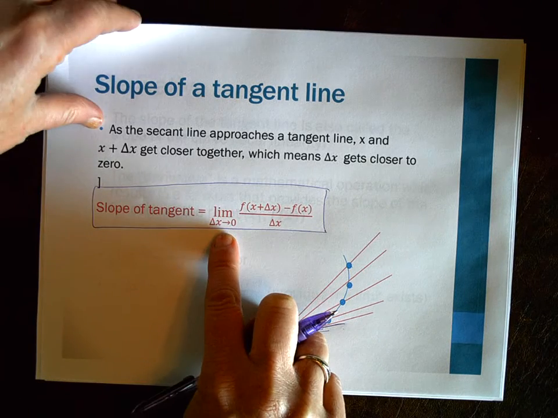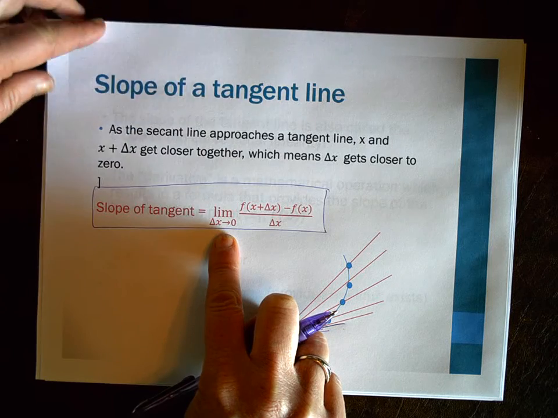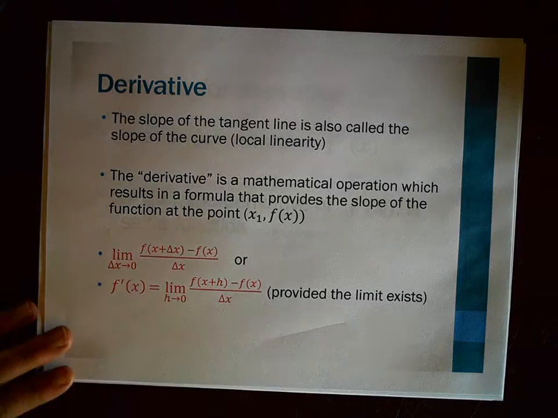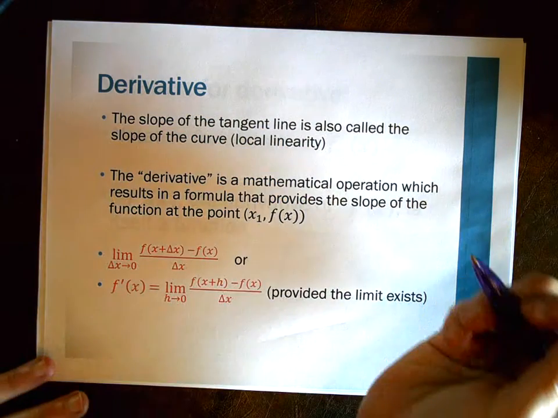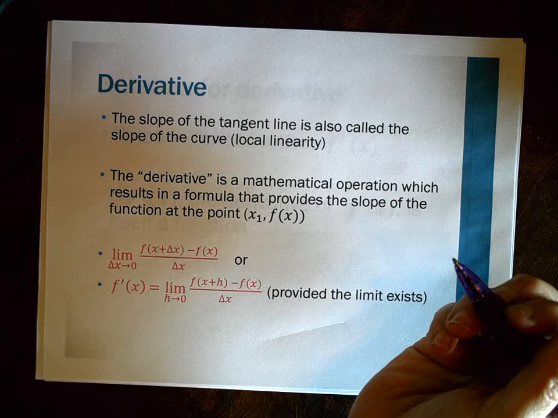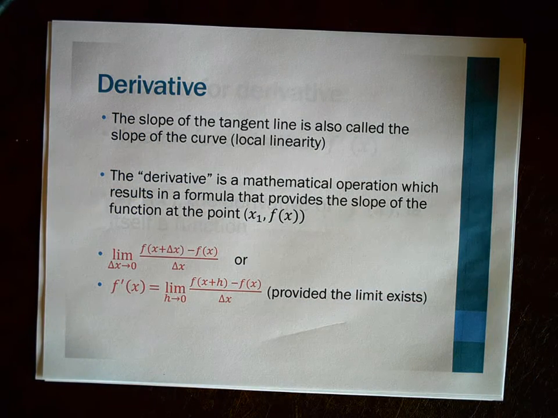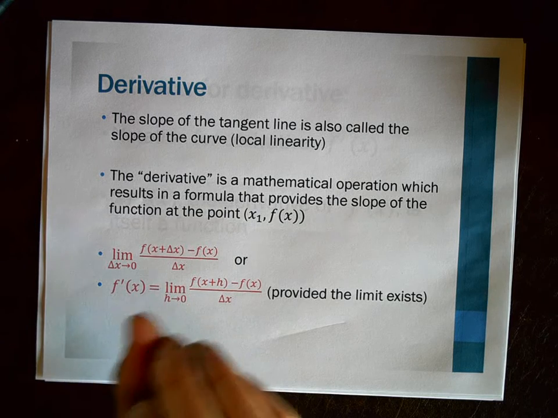You'll see some things that we saw last chapter. The derivative, or the slope of a tangent line, is also called the slope of a curve, or local linearity. Local means closer and closer together.